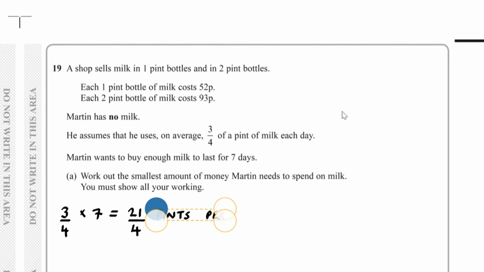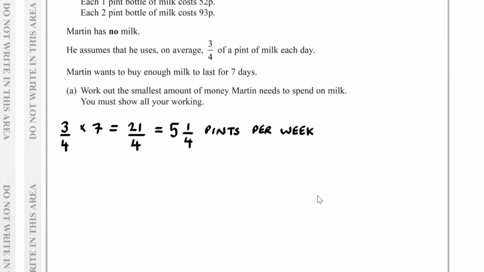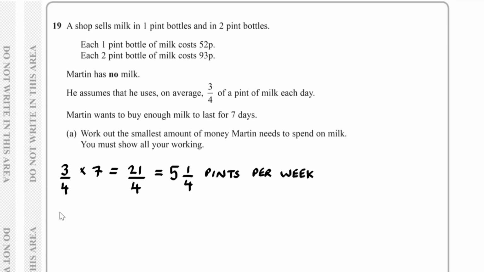Well, what we'll do is we'll work this out as a mixed number. So we would have 5 and 1/4 pints per week. So that's how many pints he uses per week, which means he would have to buy 6 pints in total.